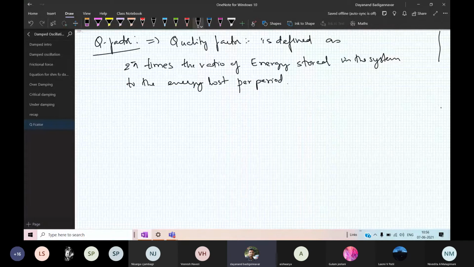So this is how we define a quality factor.